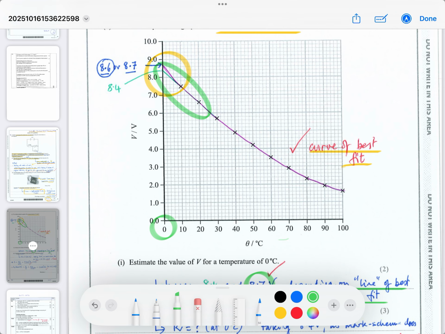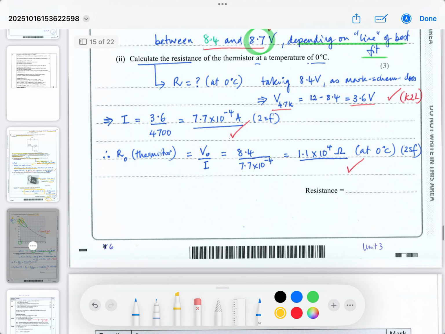Yes, I can see it's a little bit badly drawn towards the upper end, where I'll show you again in yellow, this purple line has probably gone a little bit too high, which is why I'm saying 8.6 is probably more accurate than 8.7. So it wouldn't be accepted, 8.7.